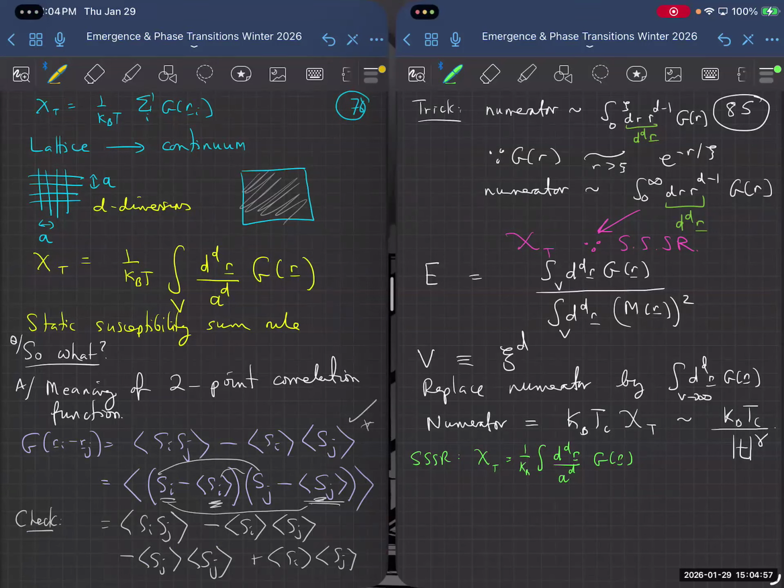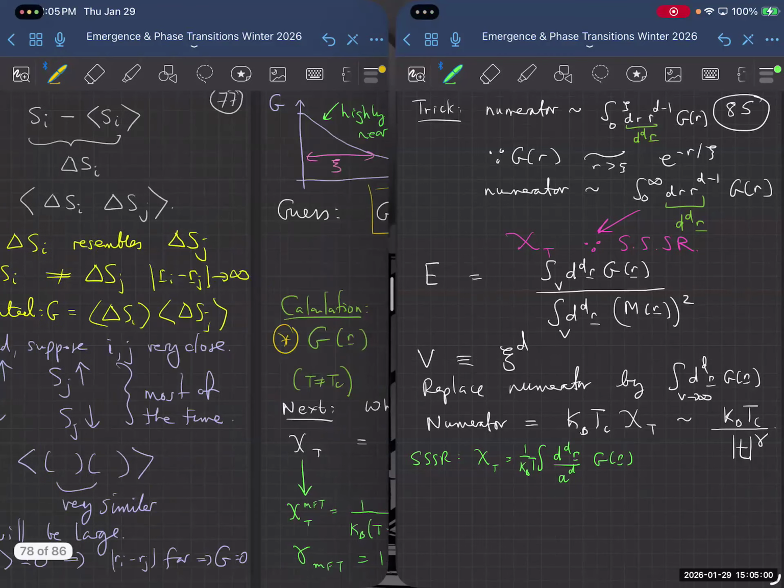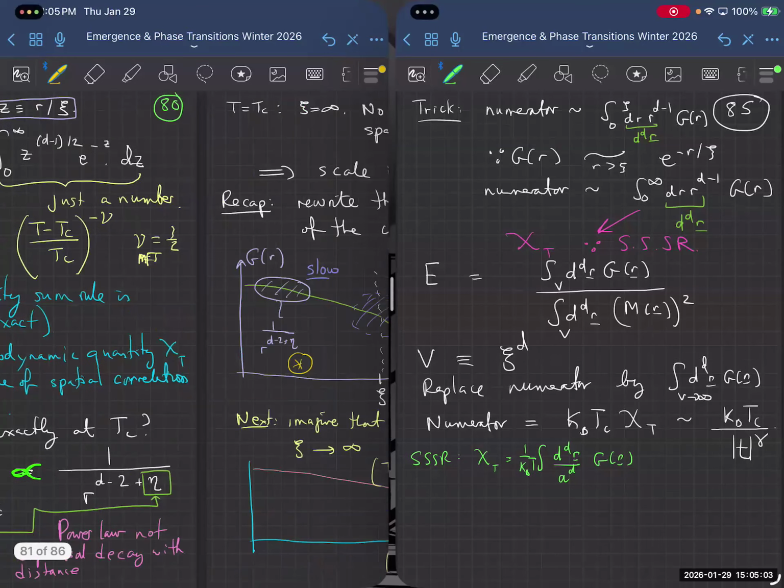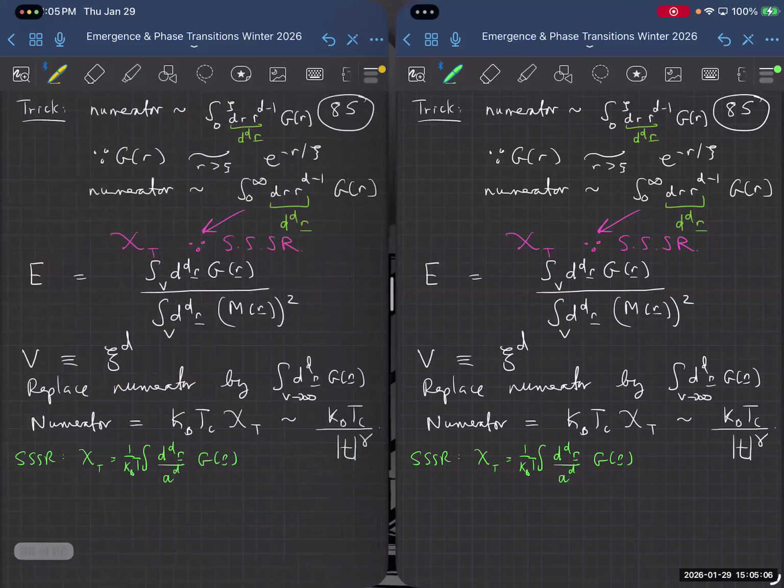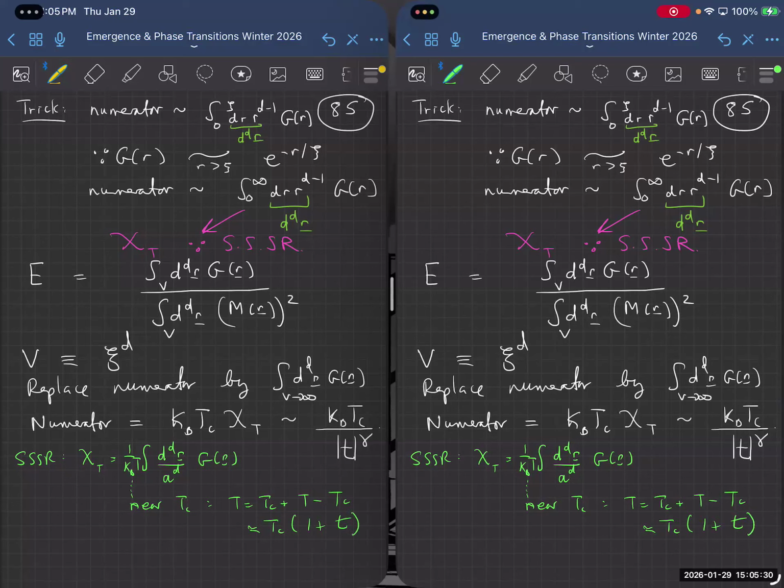Okay. And because we're close to the transition temperature, I've replaced T by Tc. I'm replacing it like that.